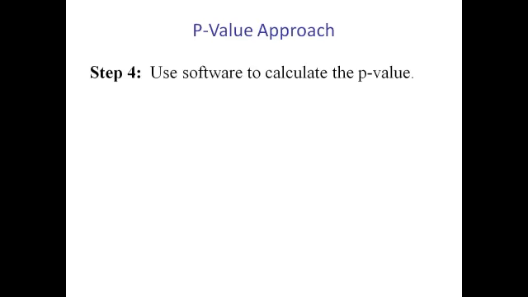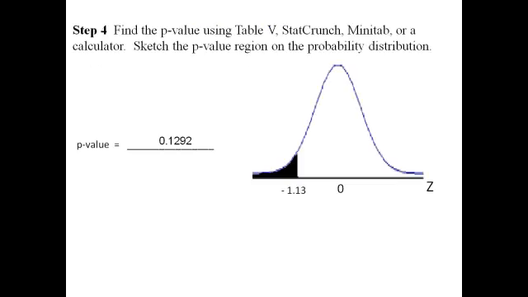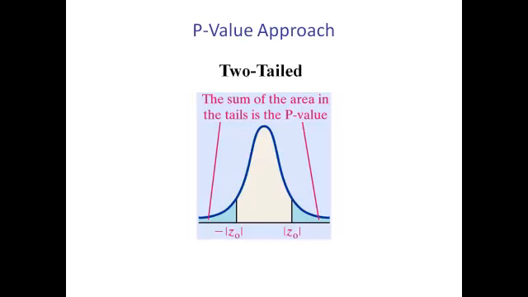So, in step 4, we let the software calculate the p-value. And we're going to write down the p-value and sketch the p-value region on the probability distribution. If we have a two-tailed test, the p-value is going to be represented by the area under the curve out on the tails of the distribution.